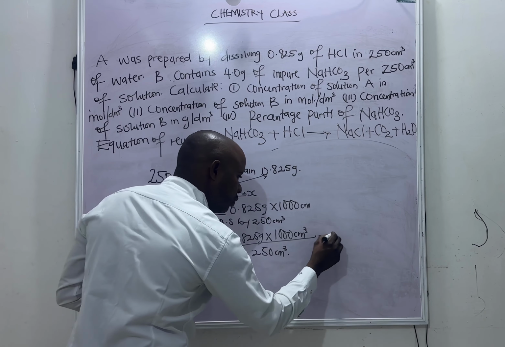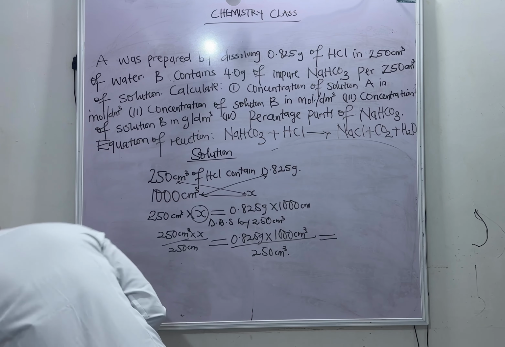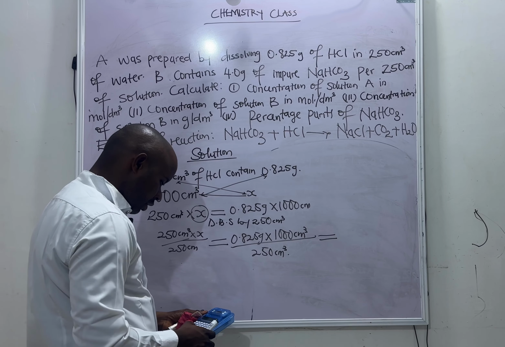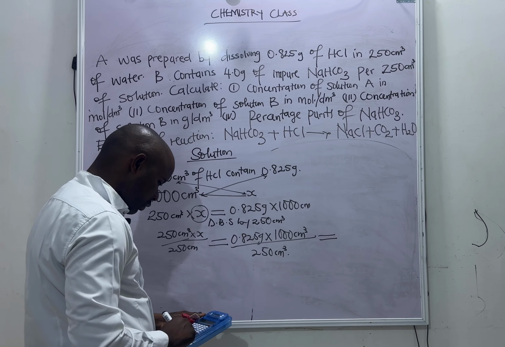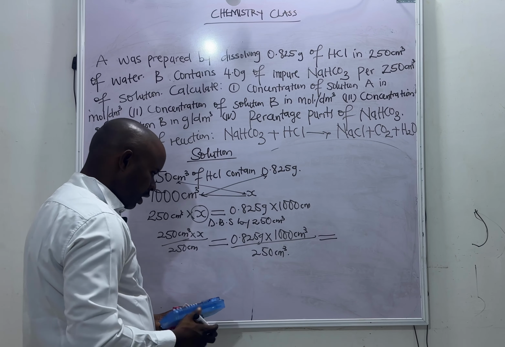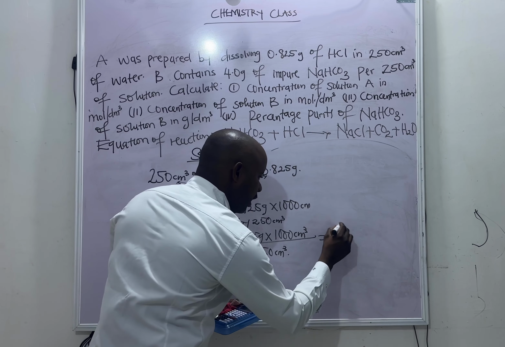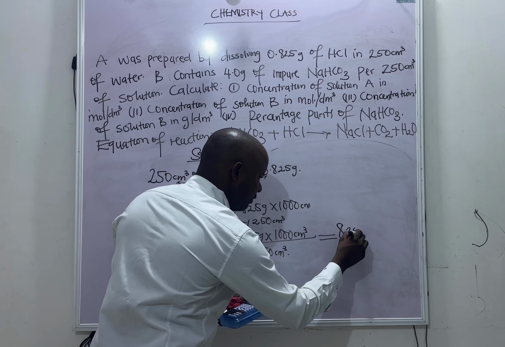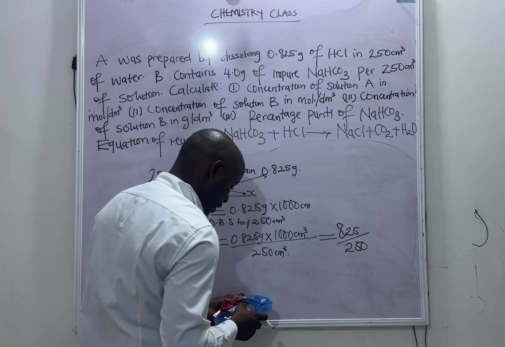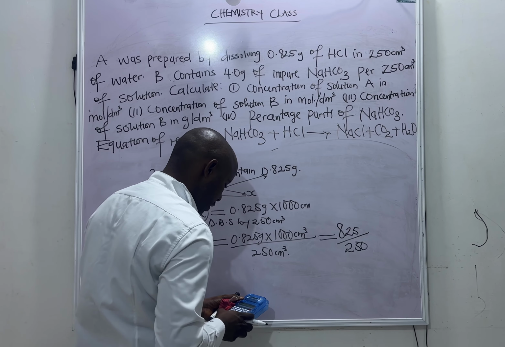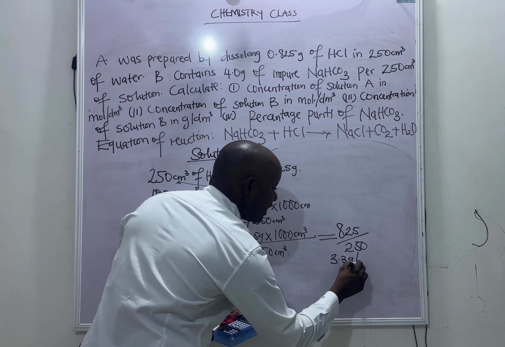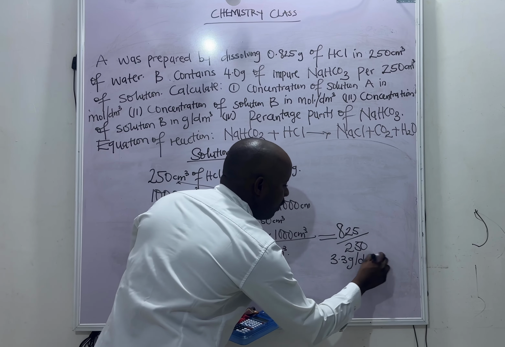Here we want to know the gram per dm cube of this. So by so doing, let's use 0.825 times 1000, we're having 825 divided by 250, and we got 3.3 gram per dm cube of HCl.